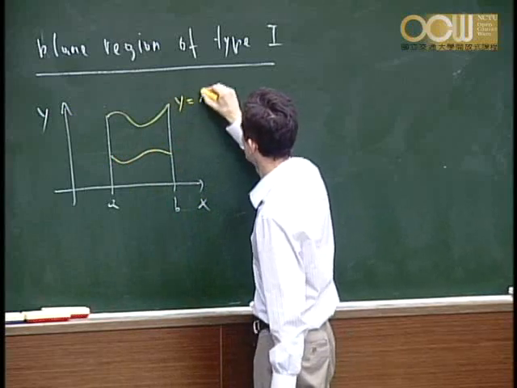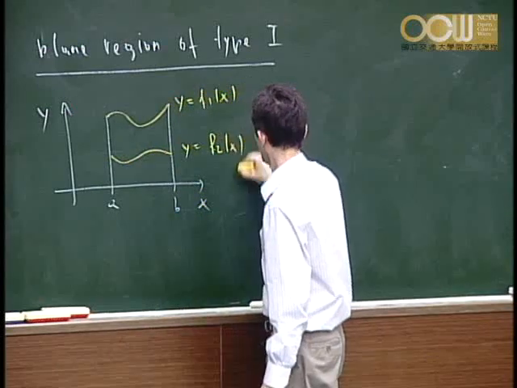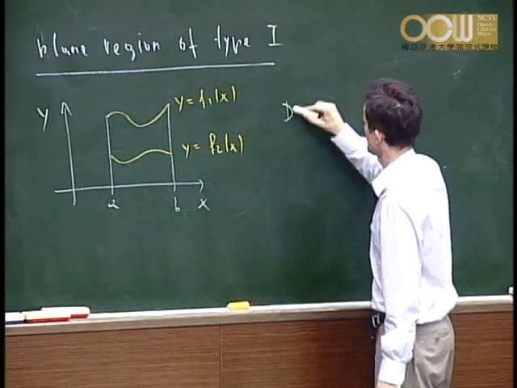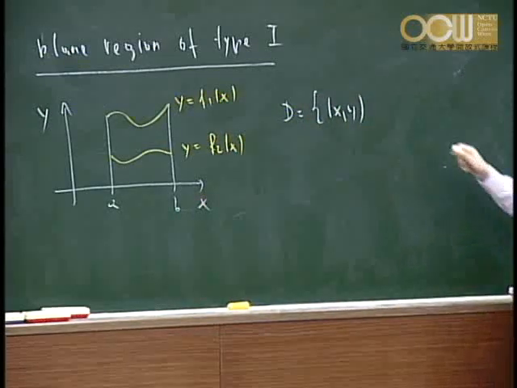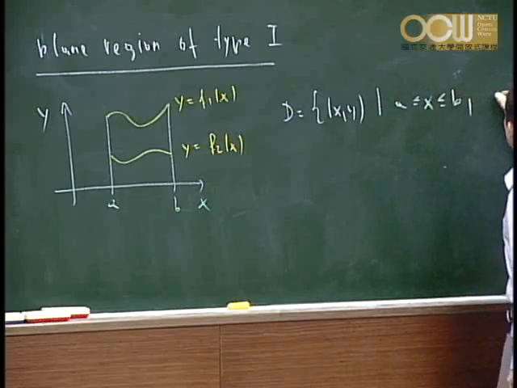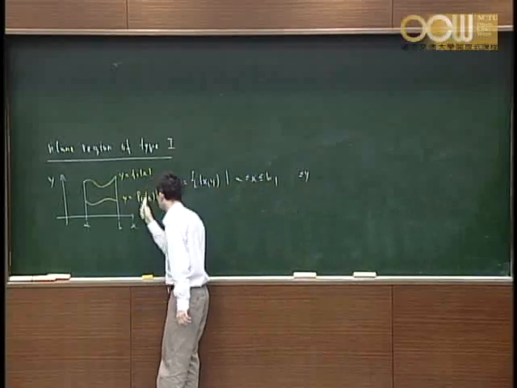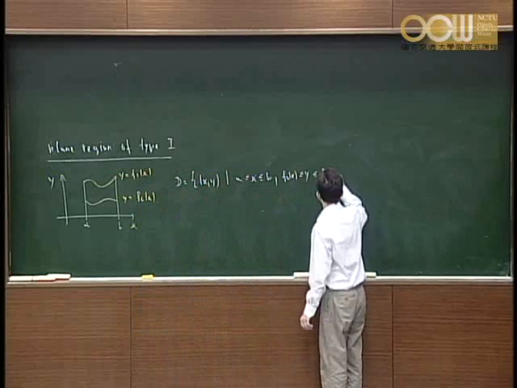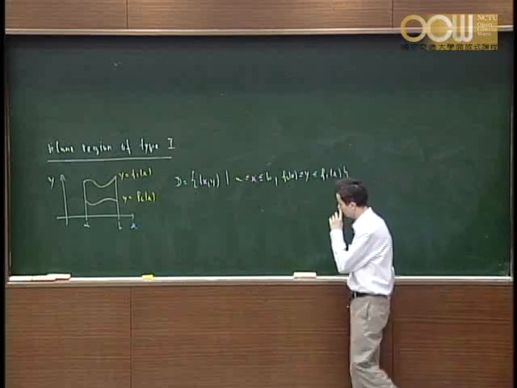So this is the function f1 of x, and this is the function f2 of x. So our D is now the set of all xy such that x is between a and b, and y is between, sandwiched between f2 of x and f1 of x, and f1 and f2 must be continuous on [a, b].